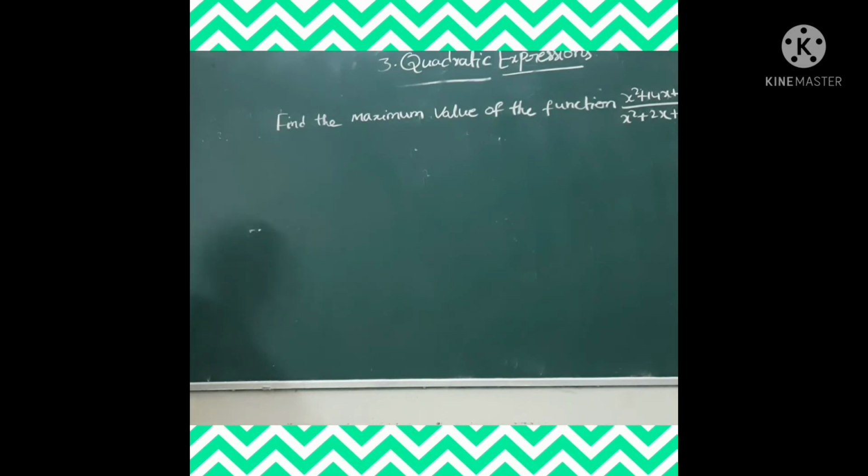So here, first this one: find the maximum of the function x square plus 14x plus 9 by x square plus 2x plus 3 over all.